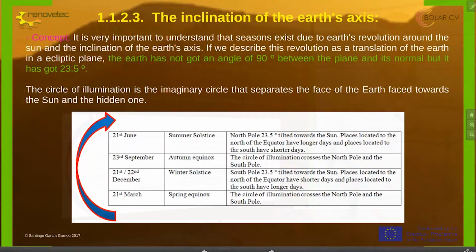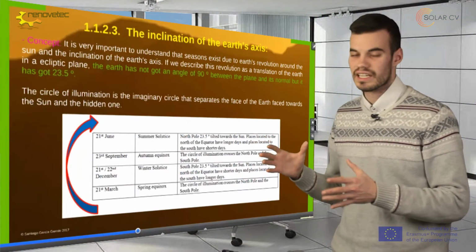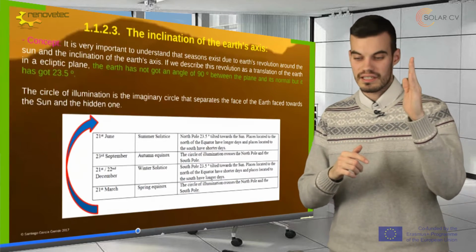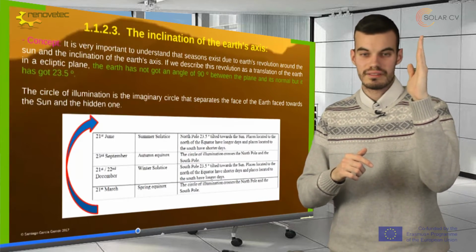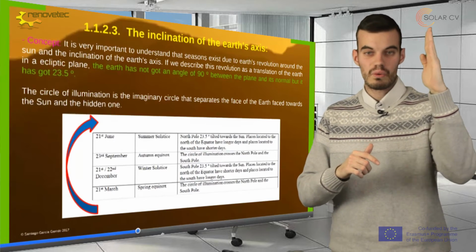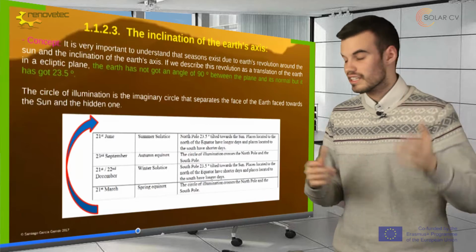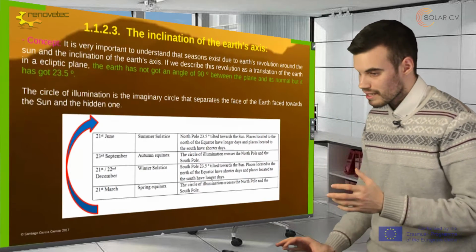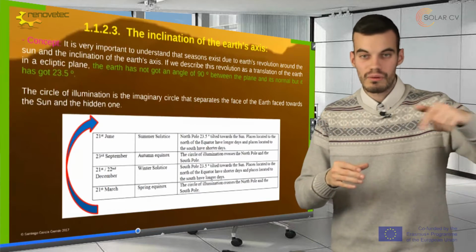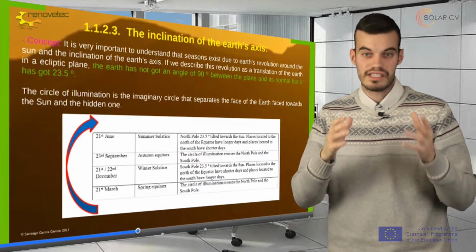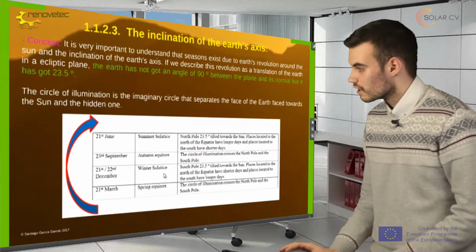Now we have another important concept, and this is the inclination of the Earth axis, because the Earth is not rotating like this. It's rotating with a tilted axis, and this is very important, because with the Earth revolution around the Sun, this is going to generate the seasons.